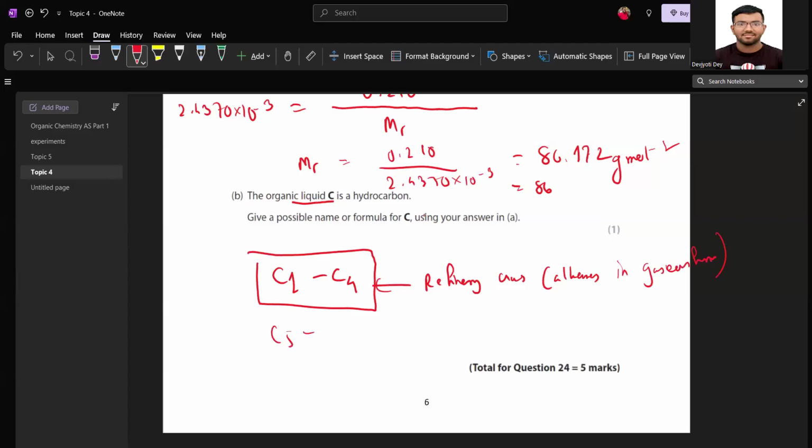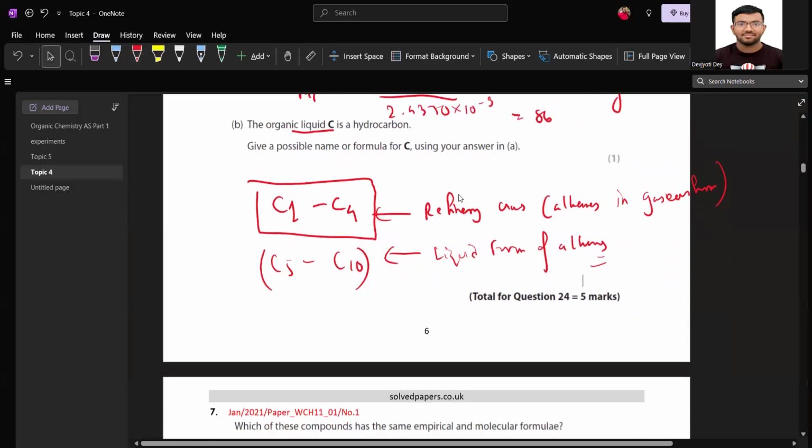From C5 to C8, or you can say C10, most probably liquid form of alkanes. Do remember this. That means we need to check with C5 and C6 and C7, C10. Okay, let's check with C5.